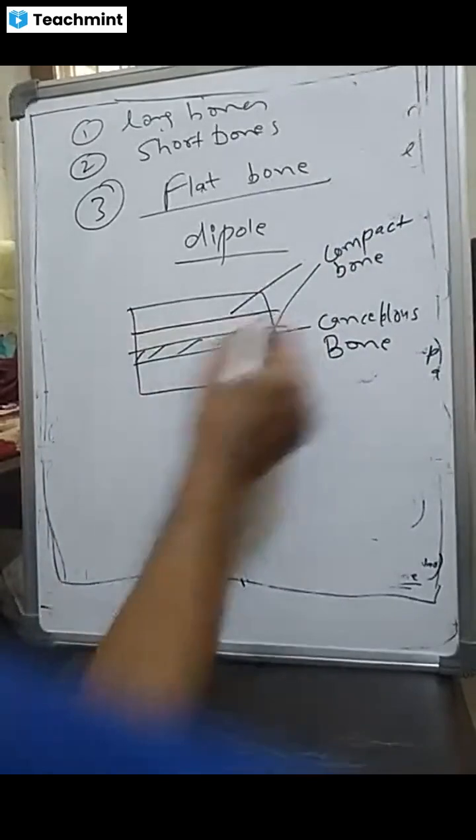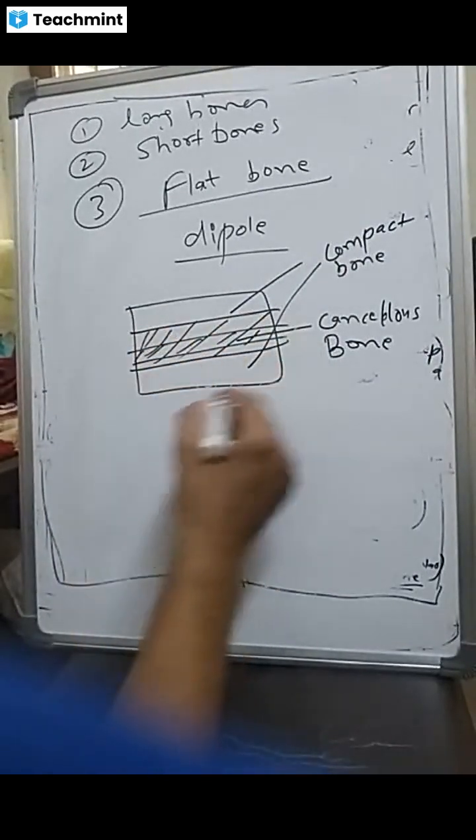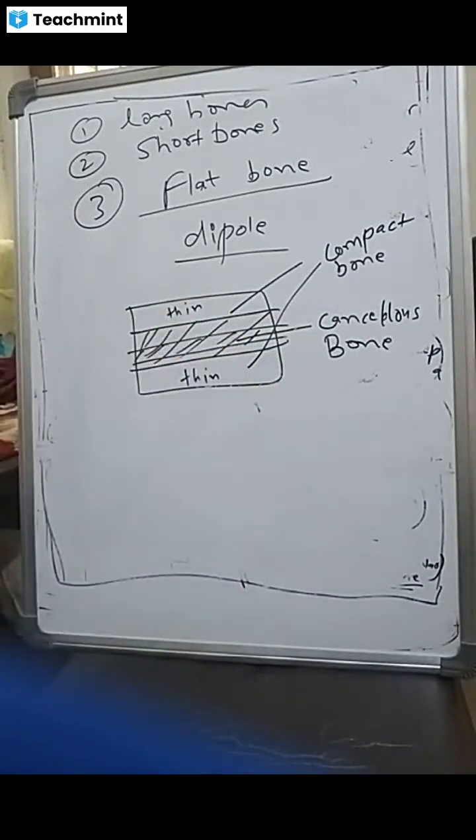So the center is thick cancellous bone with a thin layer of compact bone.